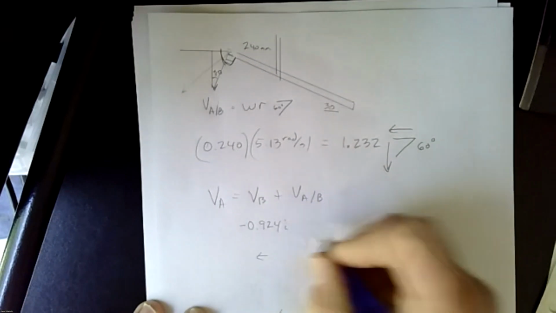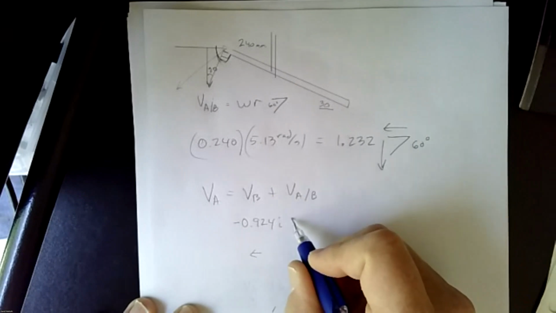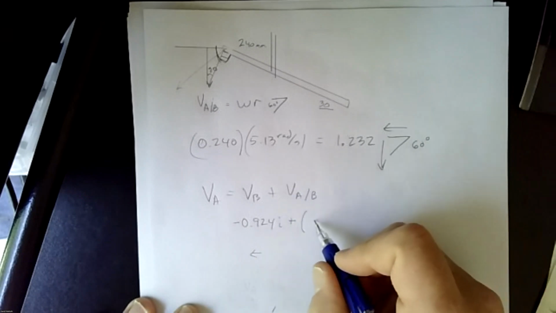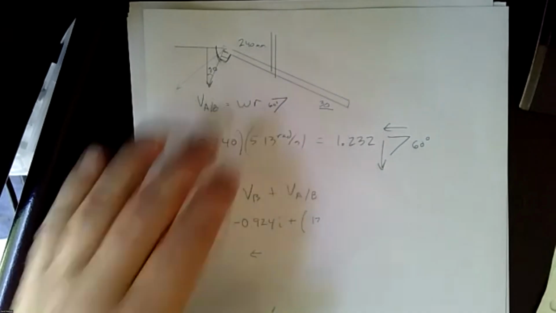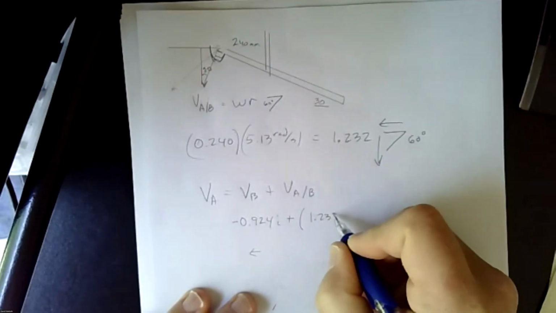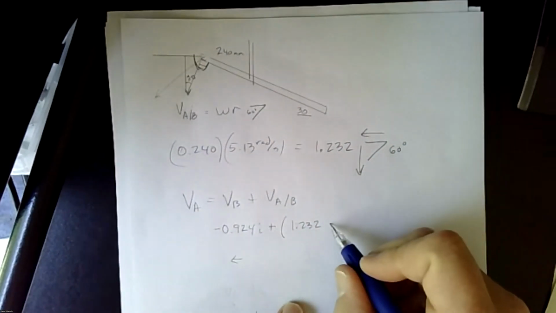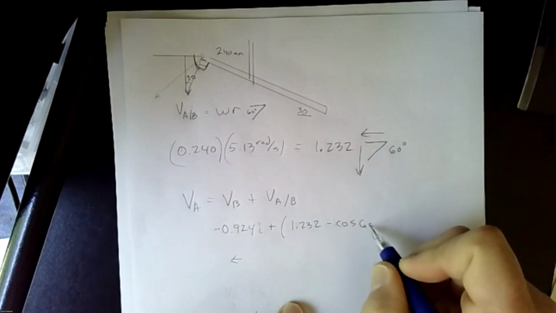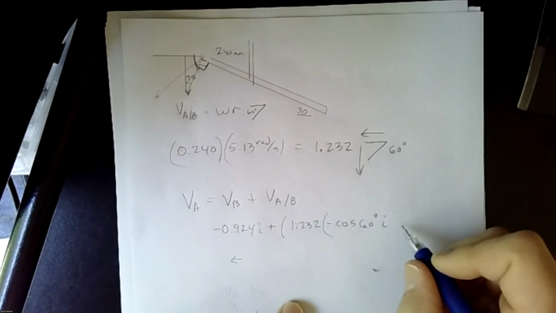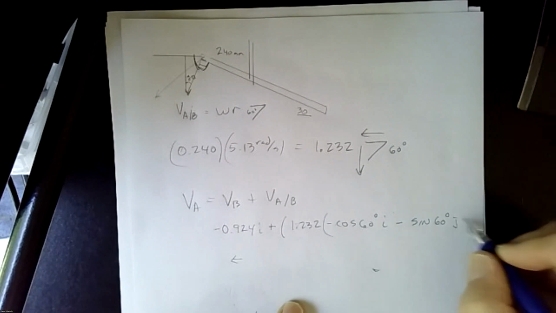So that's our I. And then we're going to say plus, in parentheses, 1.232 times minus cosine 60 degrees I, and then minus sine 60 degrees J. All right.